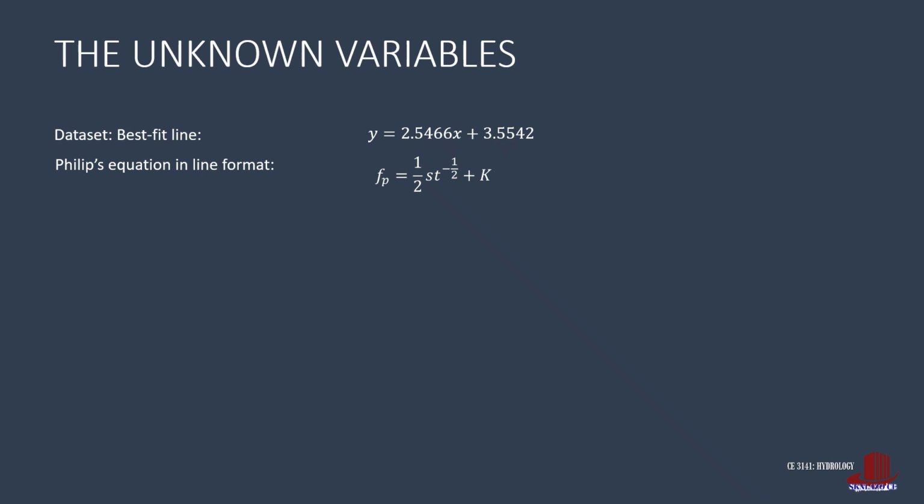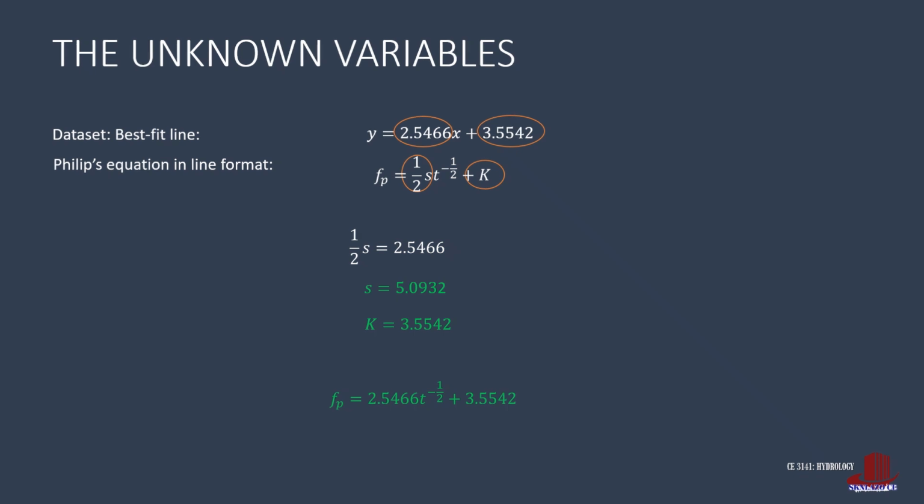As both equations have the same configuration, we can easily see that 2.5466 is equal to half of s, thereby giving s of 5.0932. Then the other variable is k, which is 3.5542. So Phillips model for the dataset provided is f sub p as equal to 2.5466 times t raised to negative 1/2 plus 3.5542.